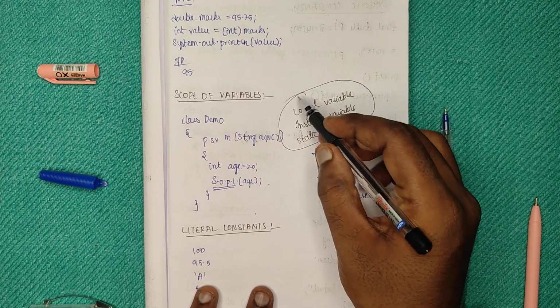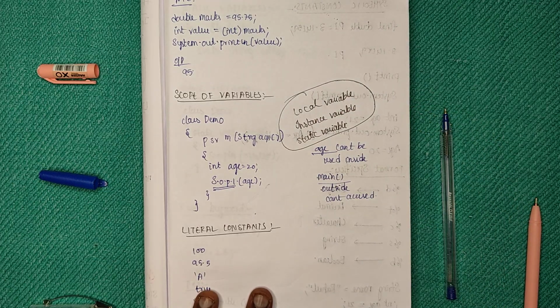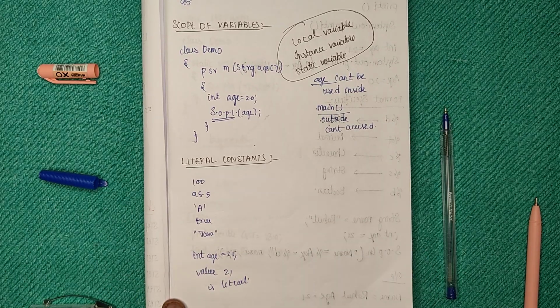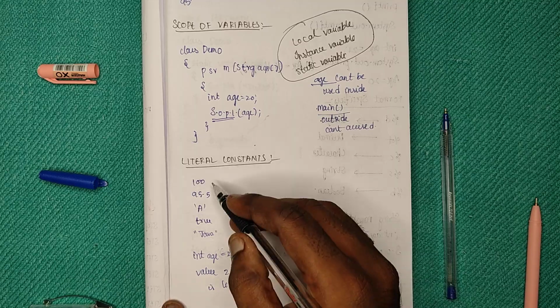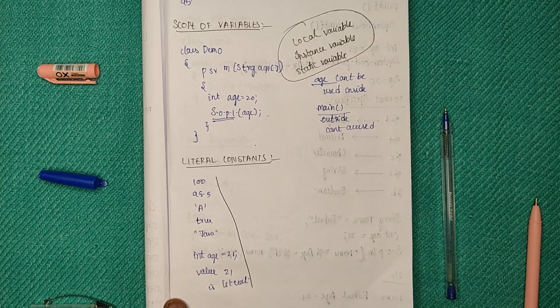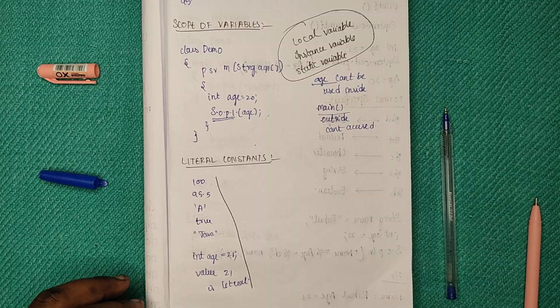We will discuss this in the upcoming classes, so just remember these names. Now, literal constants are values which are written inside the program.